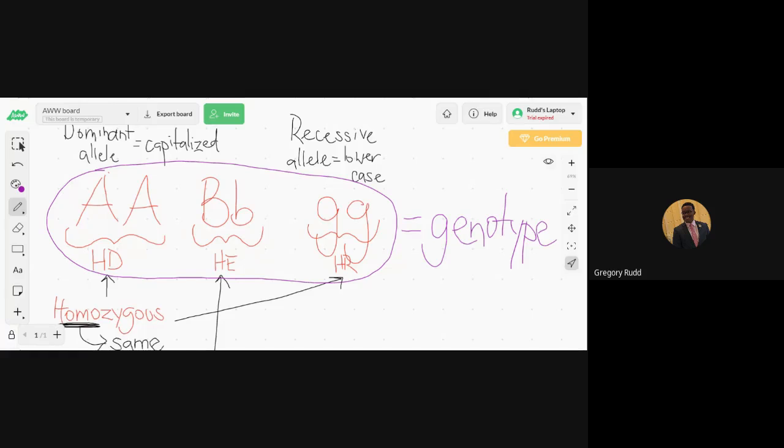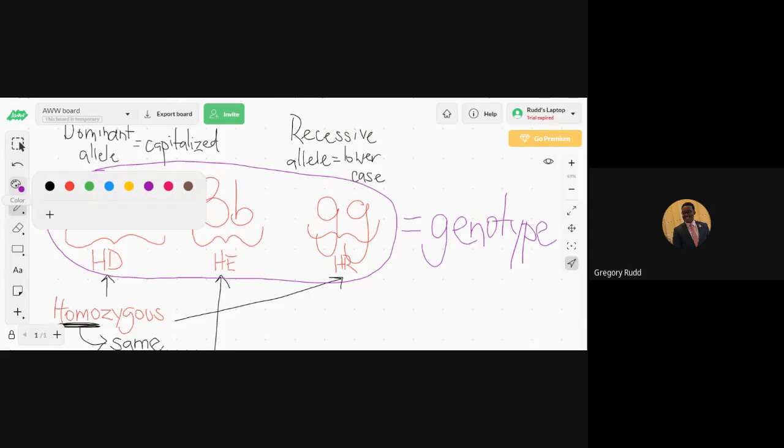So when you see two letters like this, AA, BB, GG, what we're talking about is a genotype. And as Alyssa told us earlier, that means that we're referring to the genes. Each of these letters is called an allele. It's a copy of a gene.